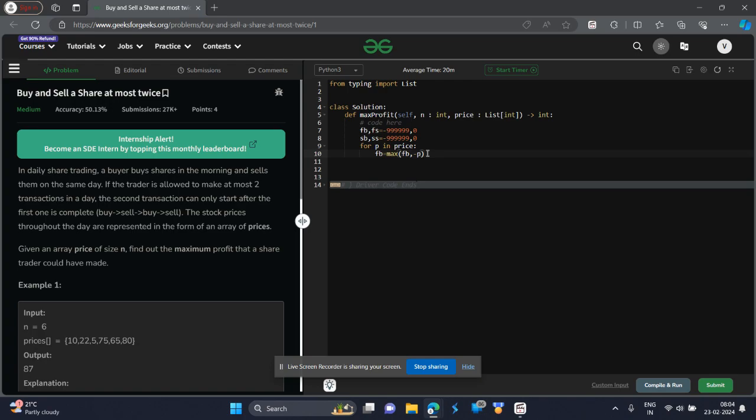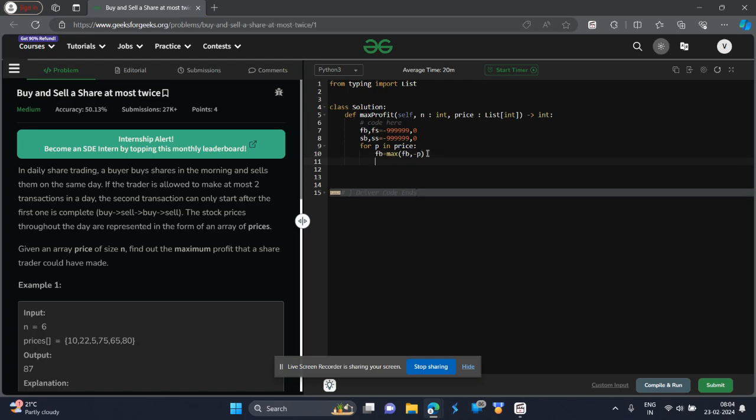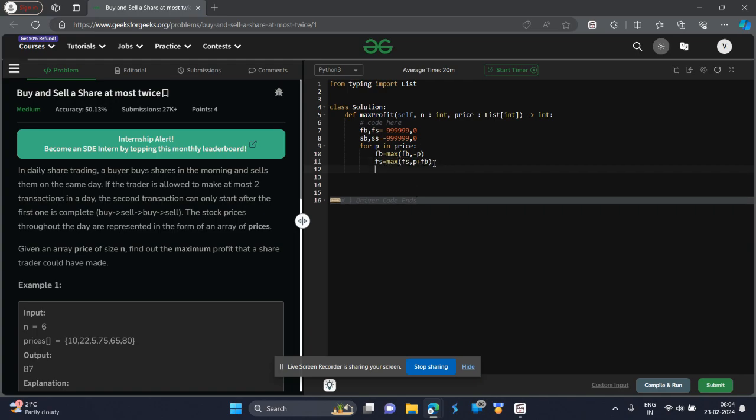Cool. Now after you have purchased it, you will sell it at a maximum of the current selling price, and the sum of price plus first buy price at which you bought it. In this way you will end up having a profit. Similarly, same thing for the second stock, second buy is the maximum of second buy and the difference of first sell and price.